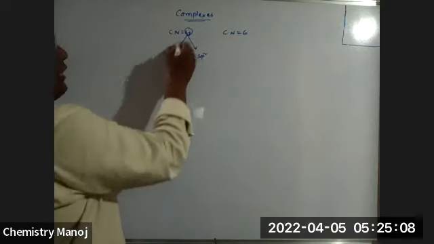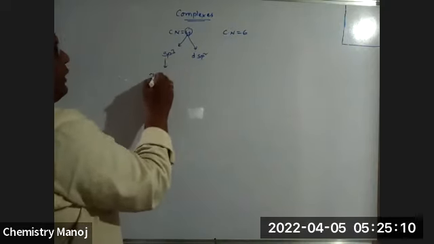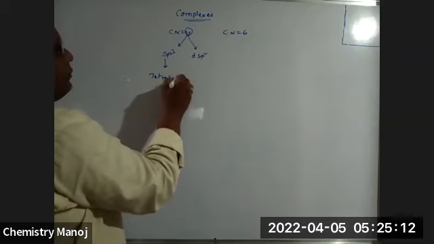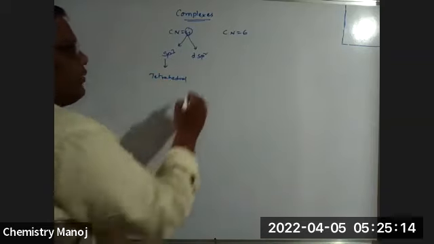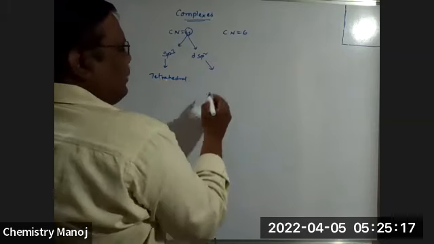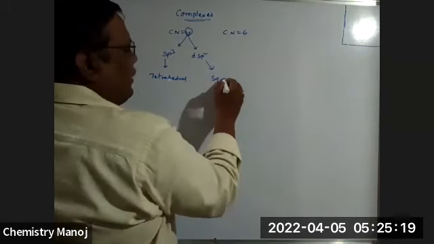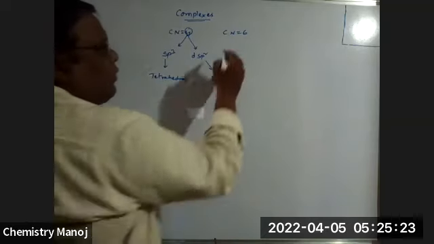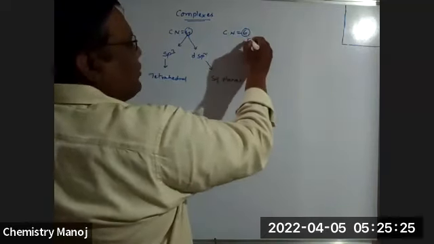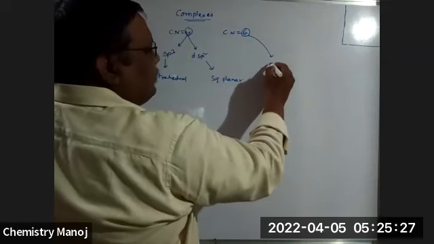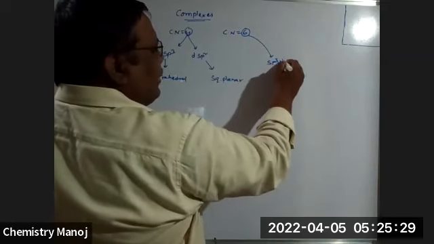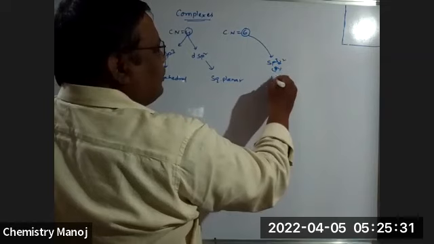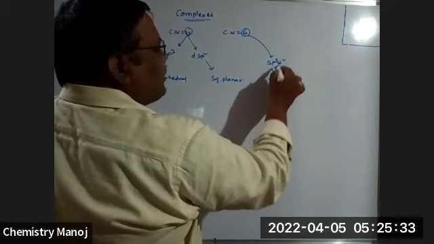If the complex has sp3 hybridization, it is tetrahedral in shape. If it is dsp2 hybridization, it is square planar in shape. If the complex has coordination number 6, it has sp3d2 or d2sp3 hybridization.